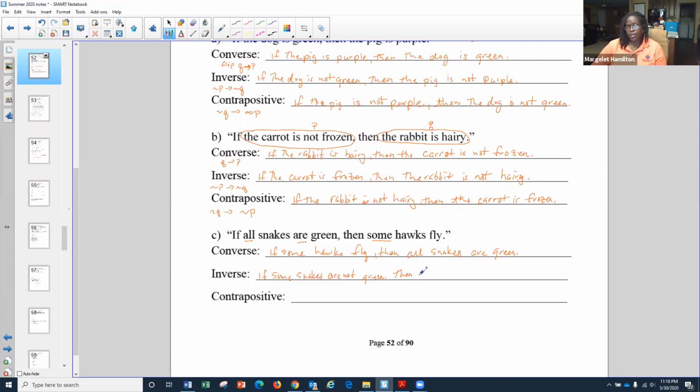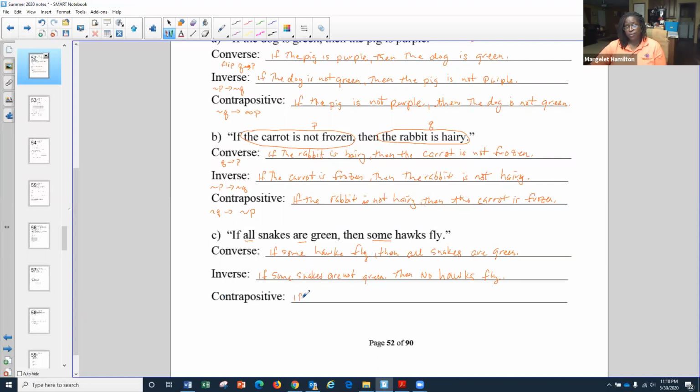So then no hawks fly. Okay. Now, the contrapositive. We're going to take this and flip it.